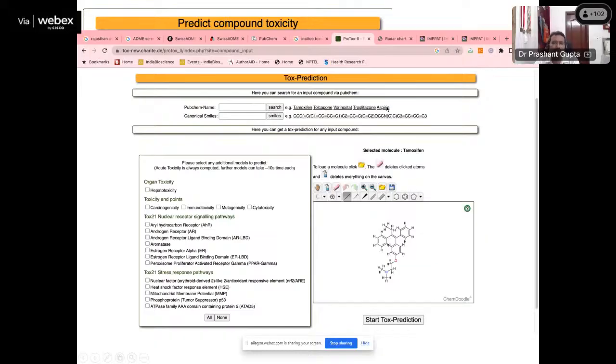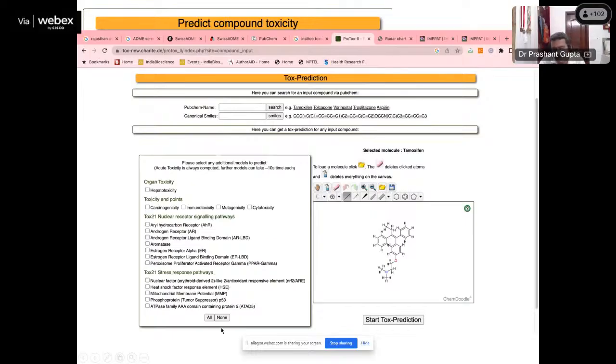Let's say you just put aspirin here and then search, you would find an open box here where you can see whether this herb or this phytoconstituent or this synthetic compound, you want to check for hepatotoxicity, carcinogenicity, immunotoxicity, mutagenicity, cytotoxicity, AR toxicities, ER-LBD toxicities, PPAR systems, nuclear factor toxicities, stress response pathways.